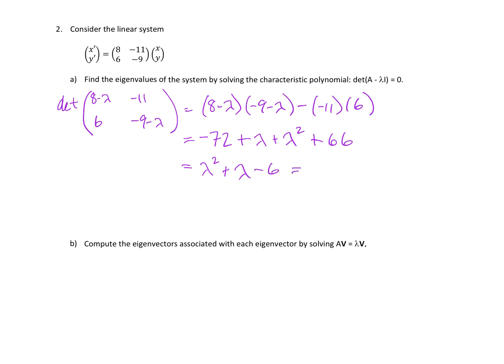We set that equal to 0 and solve. This is factorable, so I'm going to factor this to lambda plus 3 times lambda minus 2, set that equal to 0. And then you solve by setting each factor equal to 0, so we get lambda equals negative 3 and 2.